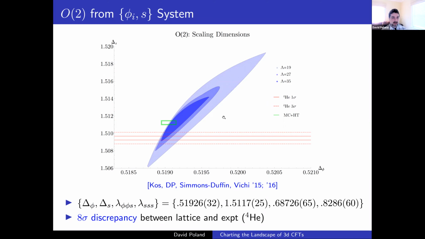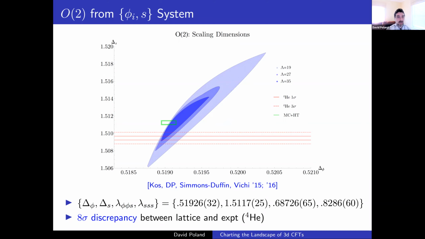But the other direction is to go to a larger system of 4-point functions and include more operators as external operators in the crossing equations. And using all these new software tools that I described at the beginning, we were able to do that and increase this to a system of 4-point functions involving the leading ON vector phi I, the leading singlet S, and the leading 2-index tensor.